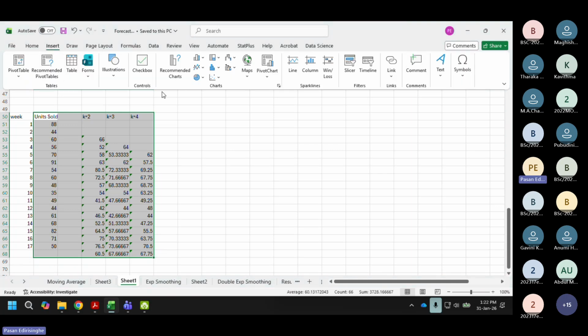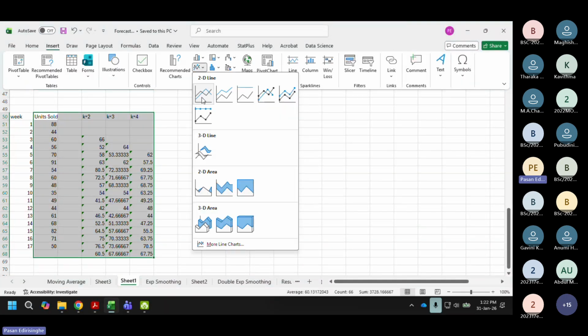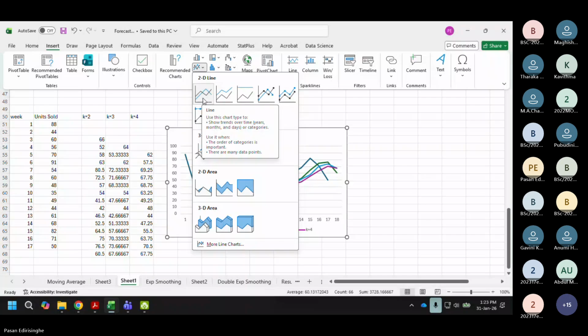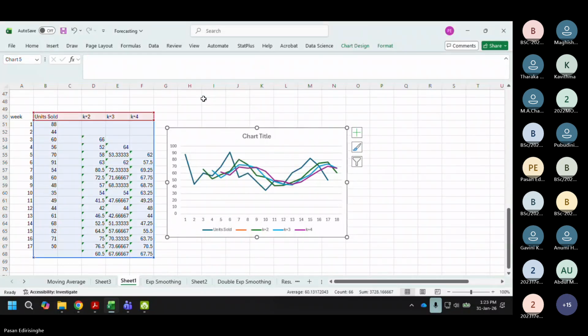So we can draw the line chart here. You can see that each one has a different color, and this is the original data, and then the new set of predicted values are moving like that.